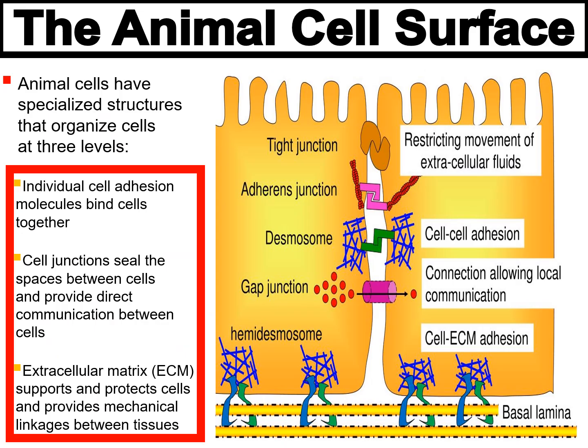Cell adhesion molecules, cell junctions, and the extracellular matrix are important structures found in animal cells.